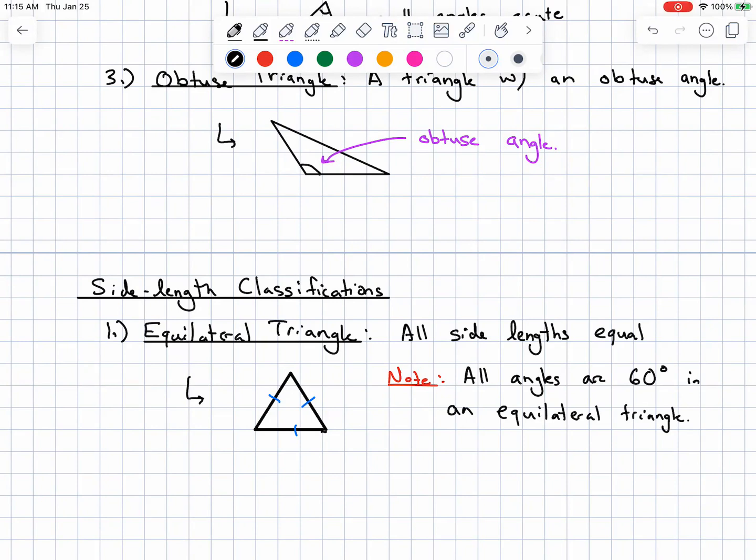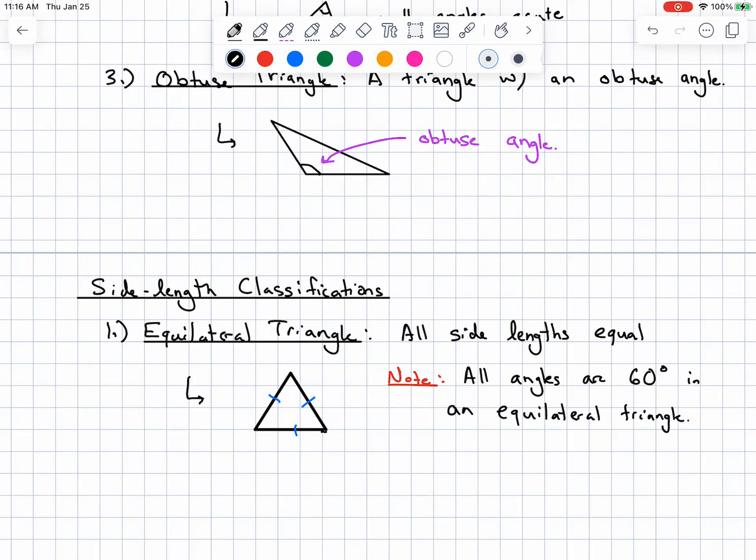Ah, great question. Gabby brings up a great point. These classifications are not necessarily always separate. You can have a triangle be multiple classifications at the same time.